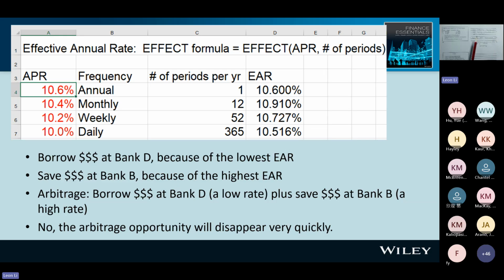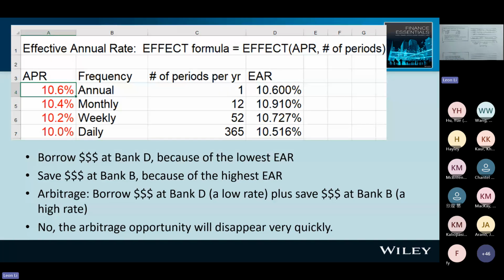The transaction cost is the bid and the ask rate. I don't want to spend too much time on the terminology about bid and ask. The idea is the bank will give you 2 rates. If you borrow the money, you need to pay a higher rate. If you save or deposit your money, you receive a lower rate. Ask is the higher rate, bid is the lower rate.